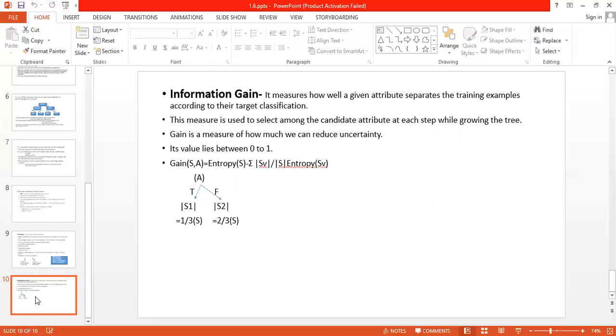So what are the major points to remember? Decision tree is basically a classification type of algorithm, or it can do regression also, because it works on supervised learning. The data is labeled data, and when you have to classify the data you can go for a decision tree. In this tree there are two types of nodes.